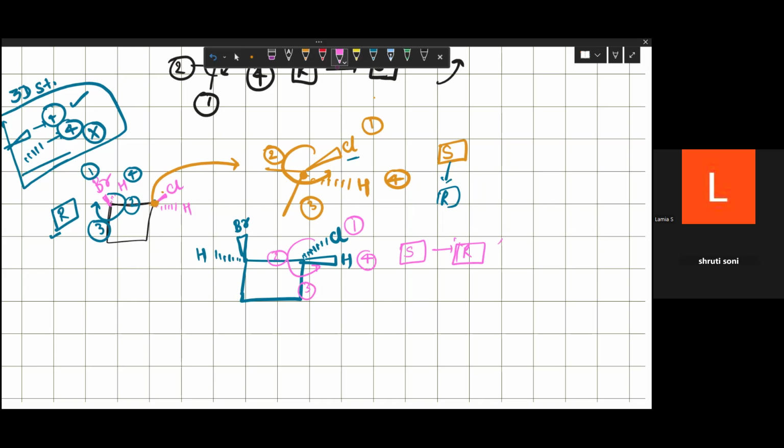Wait. Oh, you need to change because it's on a wedge, right? Yes, yes. Wait. Give me one second. Wait, sorry. Let me just note this down fully.